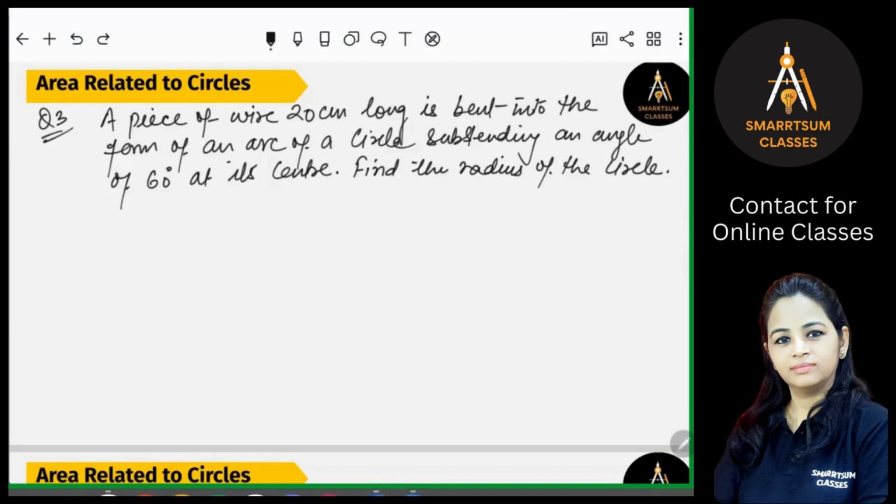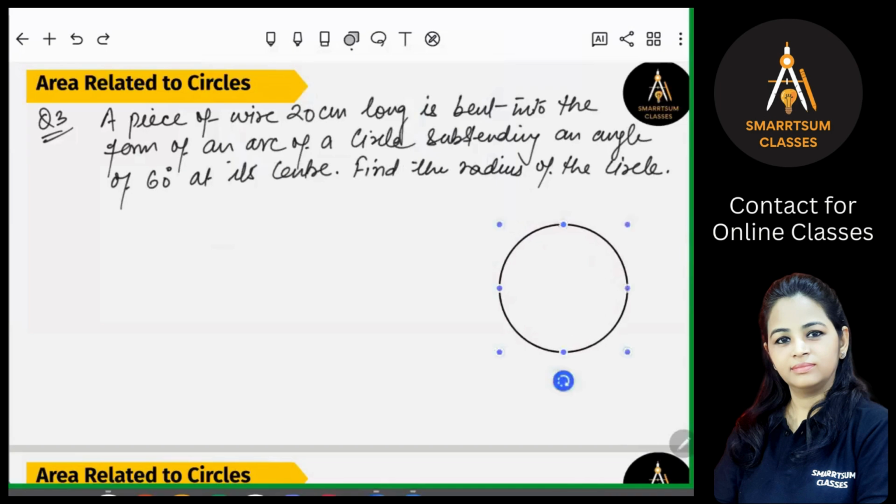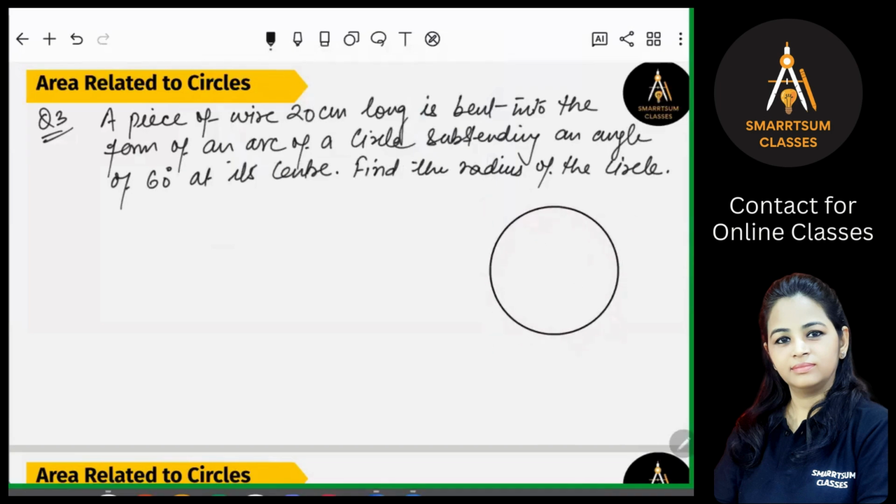That means if suppose the wire is like from here to here, A to B. So this is the wire and the length of this wire from here to here is 20 centimeter. So this is the piece of the wire 20 centimeter long, which is bent in this shape AB. And you can say it is a part of a circle.